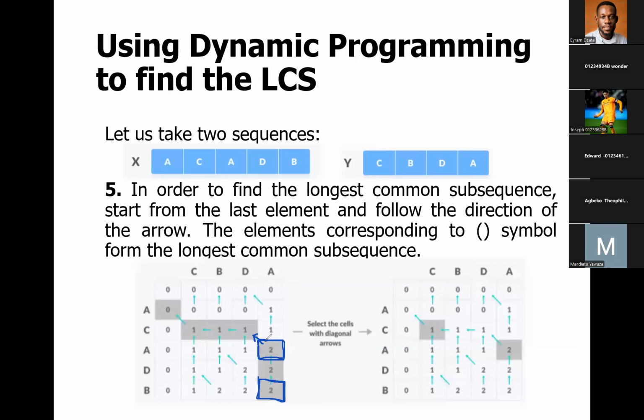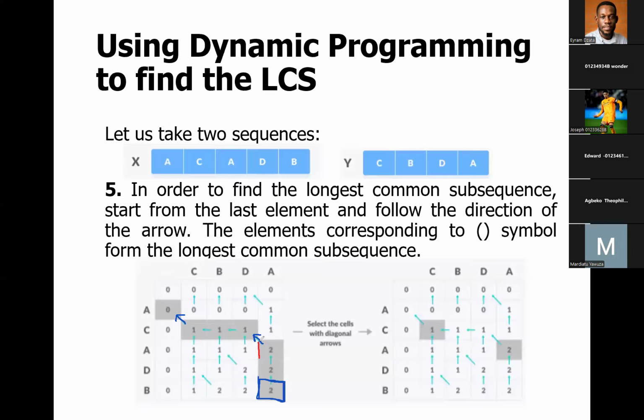When you want to find the longest common sequence, you only capture the parts where they are diagonals. So I drew the diagonals earlier. However, you capture the parts where they are diagonal.